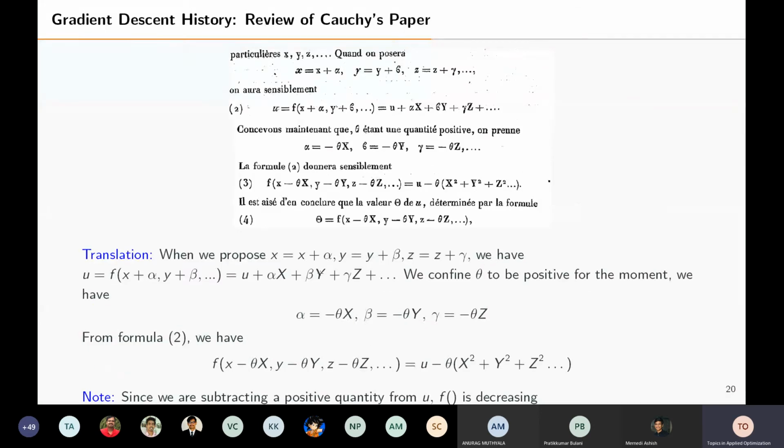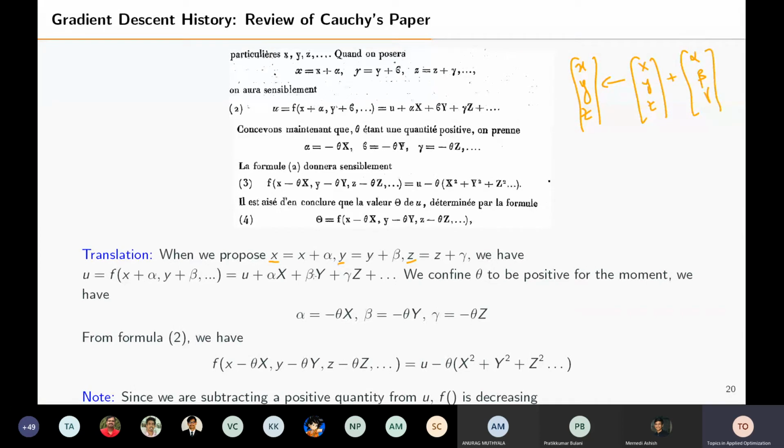So this is the algorithm that he came up with. The way he writes the updates to x, y, and z is like this. Let us say this is my current x, y, z, and I update it by alpha, beta, and gamma.